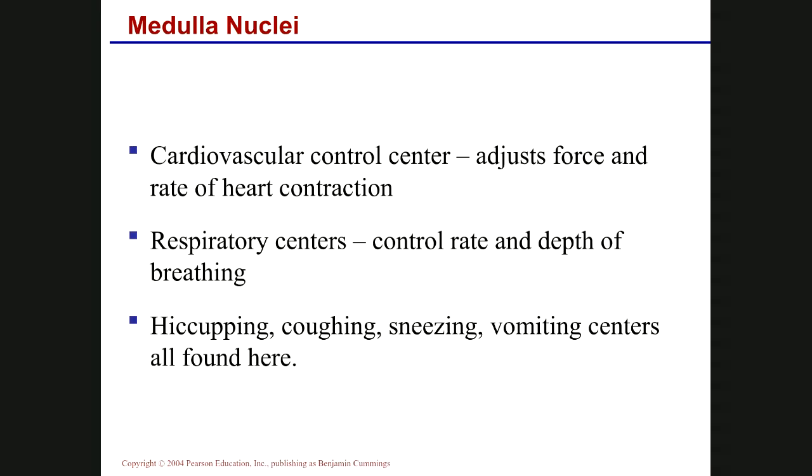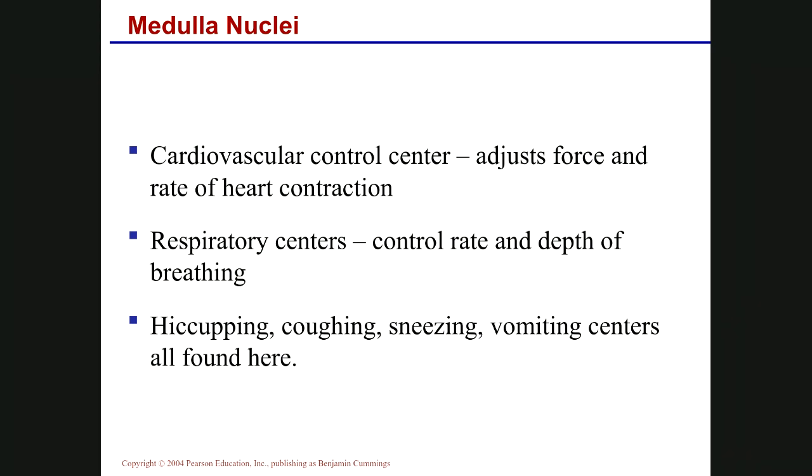There are also some centers in the medulla, some nuclei, and so just like we had some control up in the hypothalamus, there's also control here. The control that happens here, you can divide it up into 2 parts. It's either what's called vital or non-vital. Vital means you can't live without it.